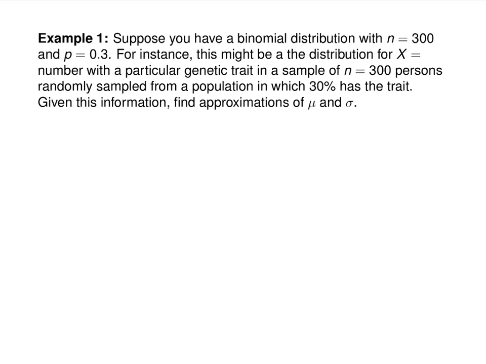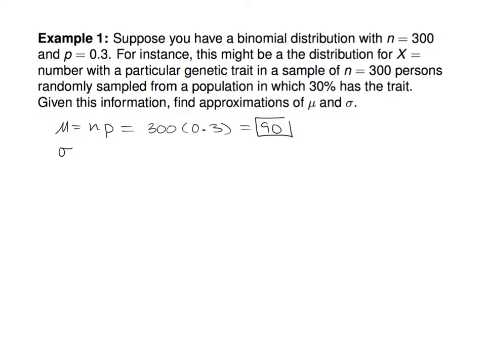So mu is equal to NP. If 30% of the people in the population have this trait, we would expect on average 30% of our sample to have it. So 300 times 0.3 gives us 90, which is 30% of the sample.